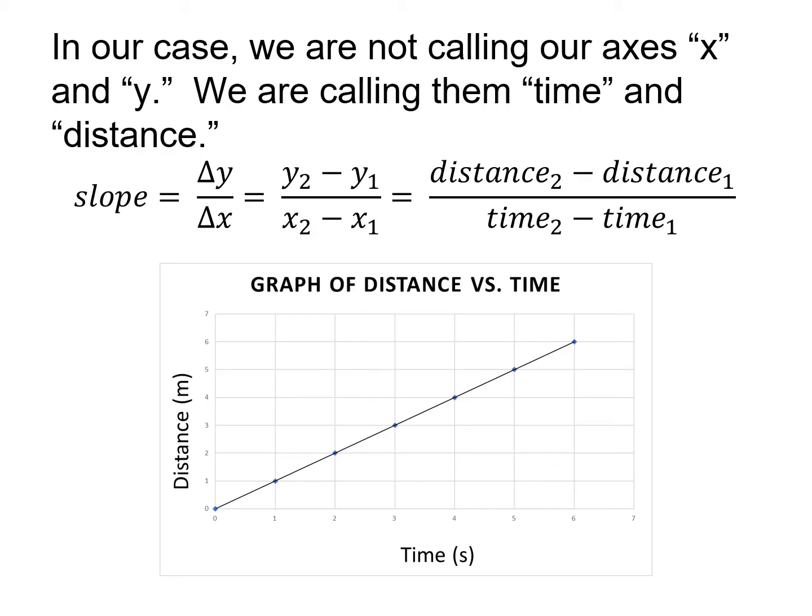So in other words, in math class, the teacher often labels the axis x and y because they're showing you a generic set of data and trying to point out relationships. But in real life, these would be actually measured values, and so we don't really call them x and y. We call them, in this case, distance and time axes. So the slope would be the change in distance divided by the change in time.